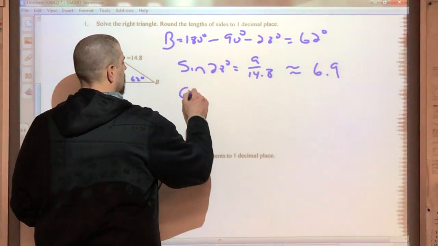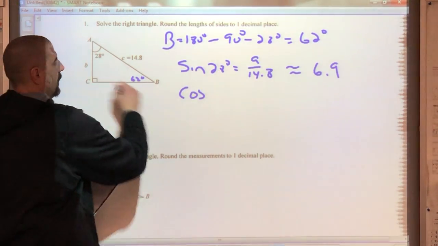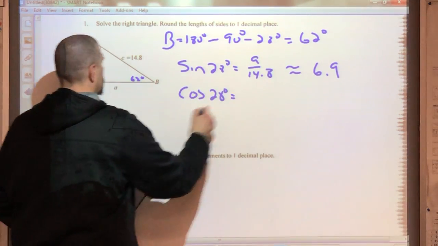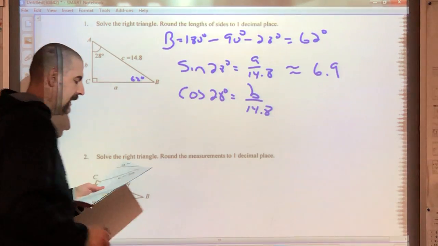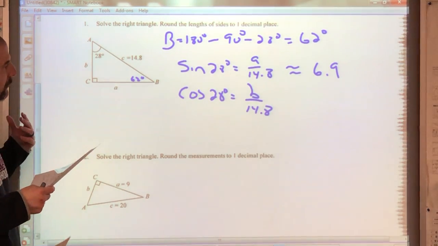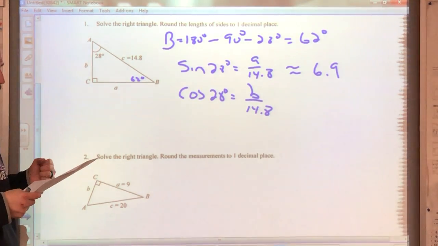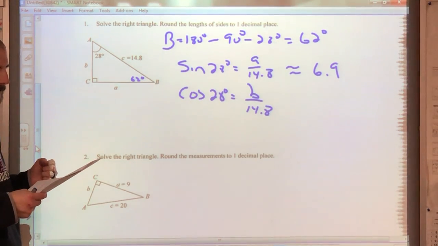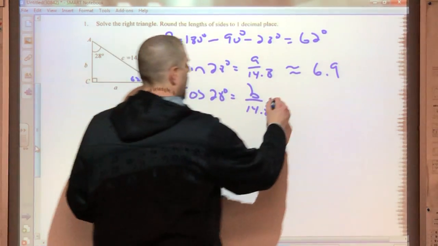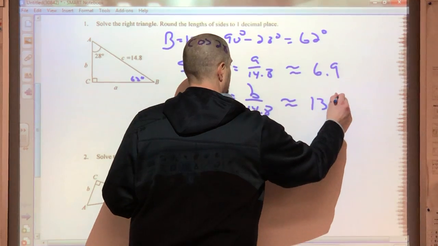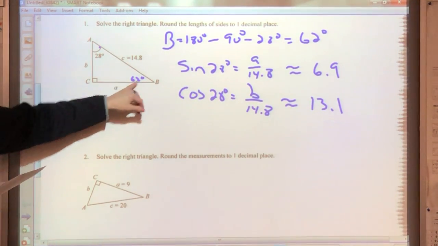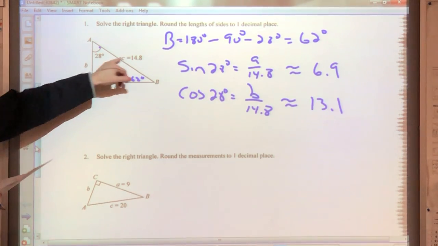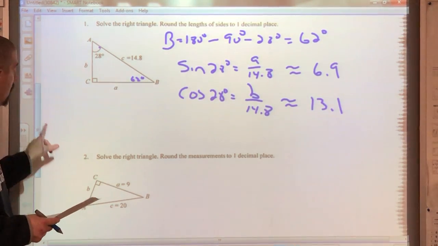So we're going to have cosine of 28 equals adjacent over hypotenuse. And again, you go ahead and solve that. Pause the video. All right, you should get approximately 13.1. Now let's check. We have angle A, angle B, angle C, side A, side B, side C. We have solved this triangle.